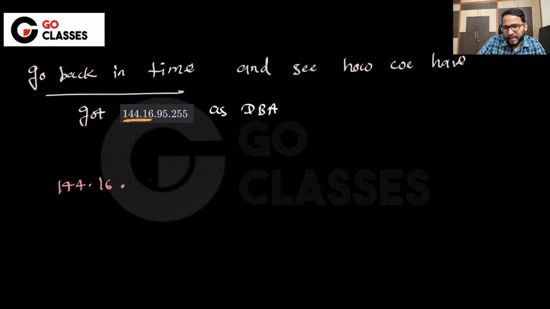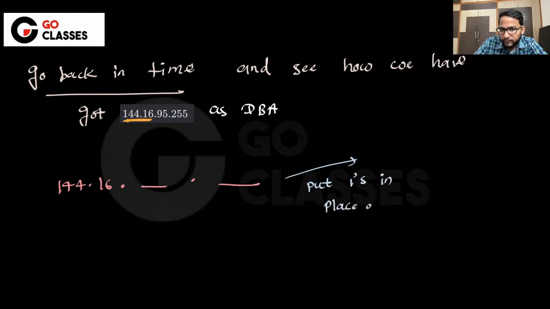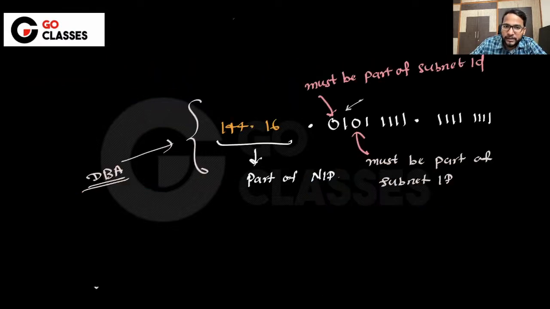I must have taken some IP address from that subnet, and then I must have said, let me put ones in place of the host ID, right? That was my process. Now from your IP address, finally you got this.